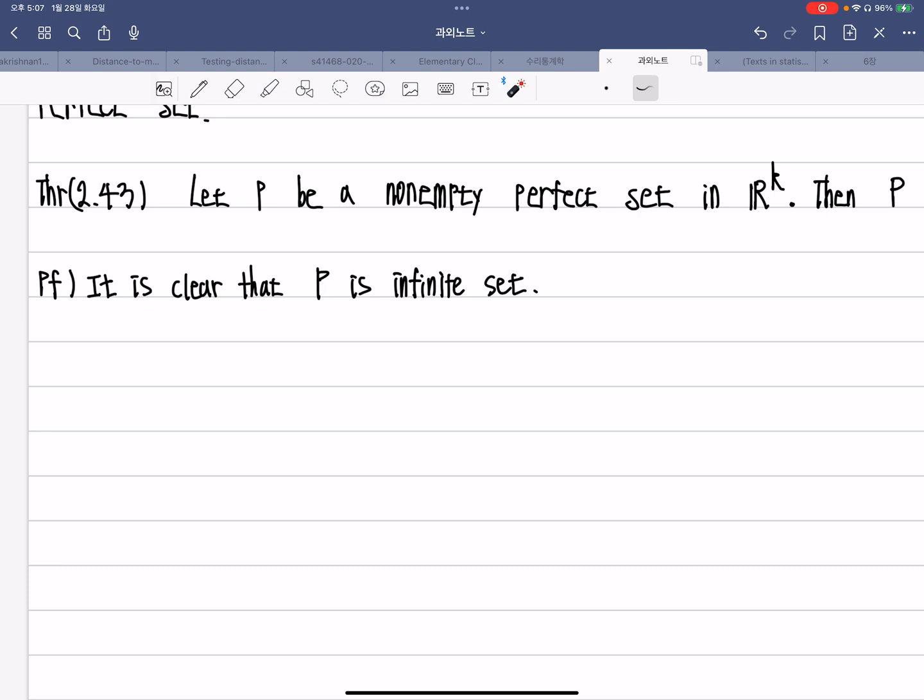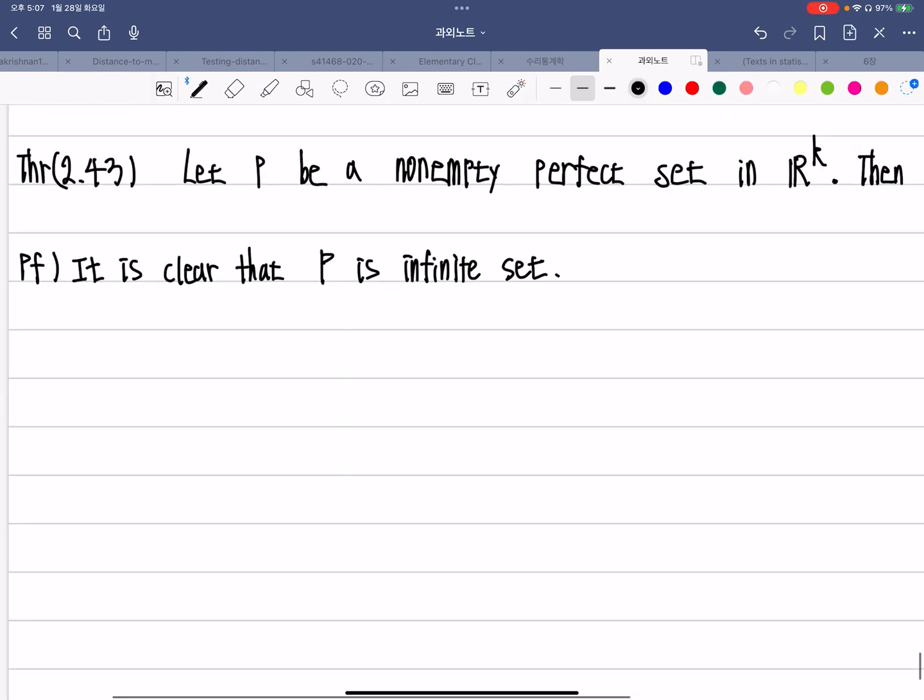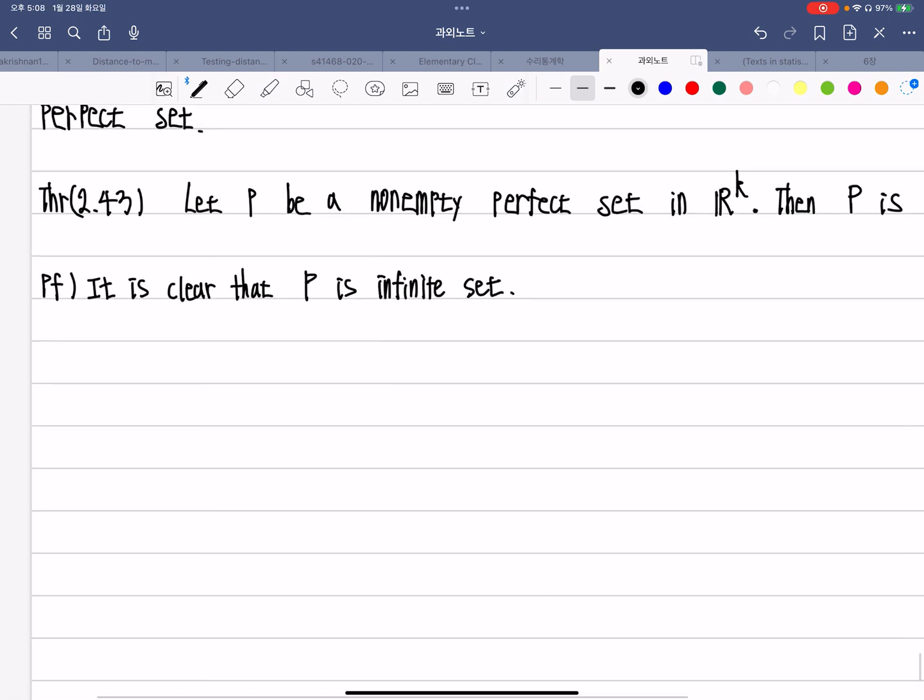So be careful. This fact is not followed by the fact P is closed. Okay?